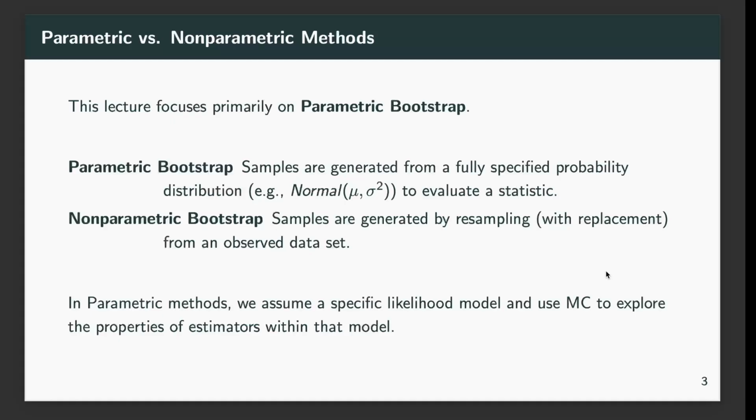So in this case, we assume the data is normal with a mean of 0 and a certain standard deviation, and then we can generate the random sample using the rnorm function in R with those parameters. The key point here is that we are sampling from a fully specified probability distribution.